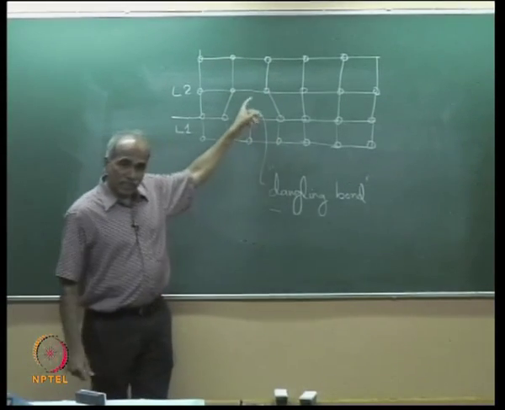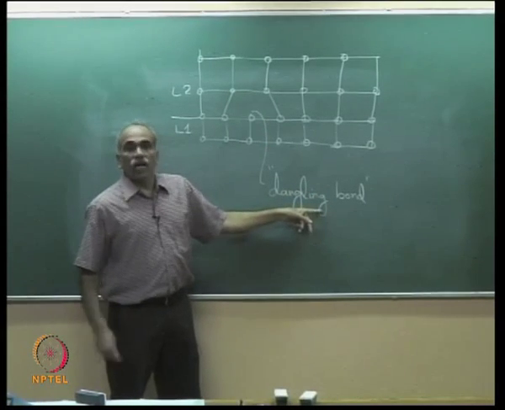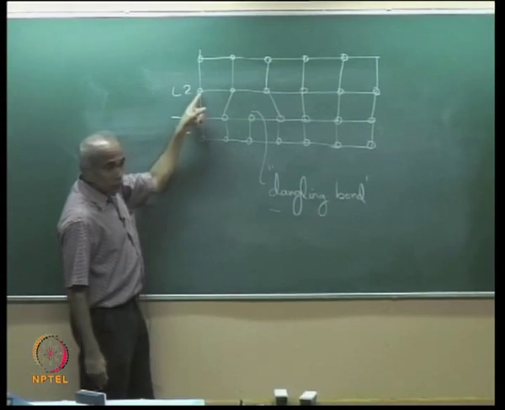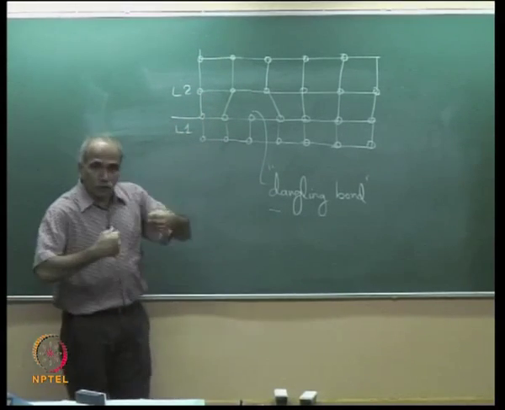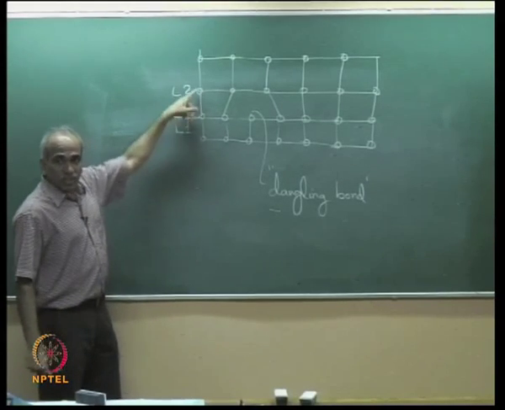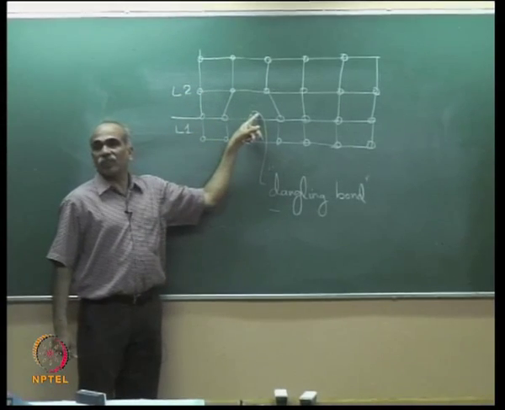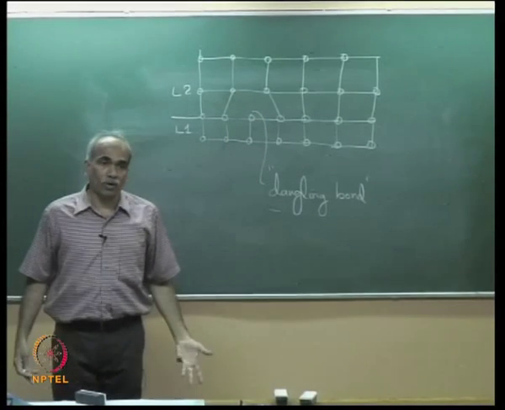The electrons which correspond to these dangling bonds have energy different from those electrons which have formed bonds, two electrons sharing to form a bond. The energy of these electrons is different from this free electron which is here, which has not been able to form a bond.